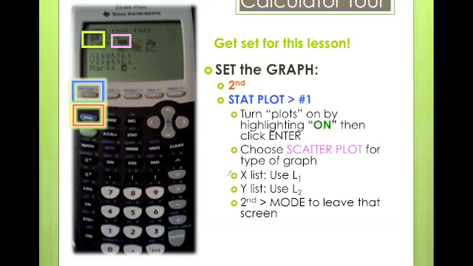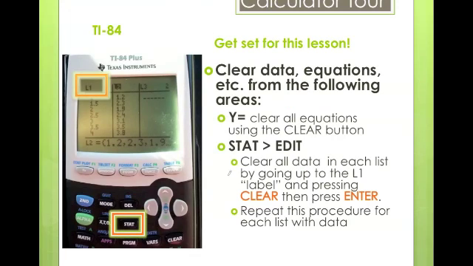If you don't have that on, you need to pause the video and get that turned on. You also need to make sure that your lists are clear under your edit button. So be sure that's done, and also there are no equations under y equals. So clear both of those areas before proceeding.